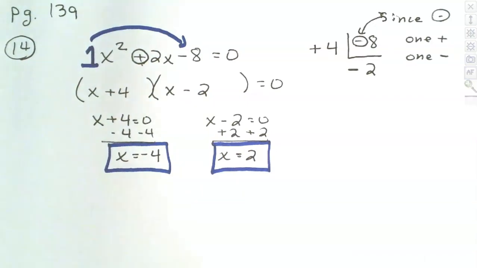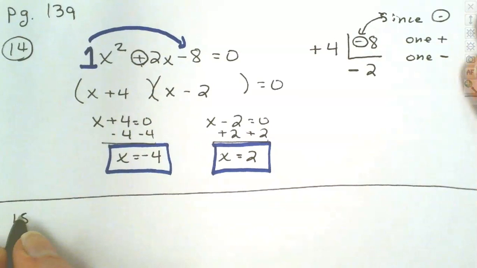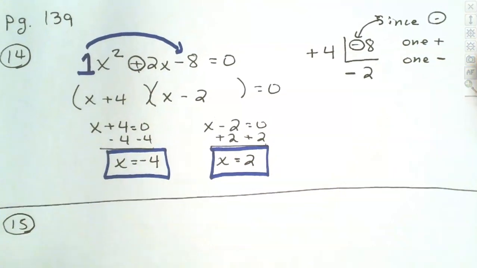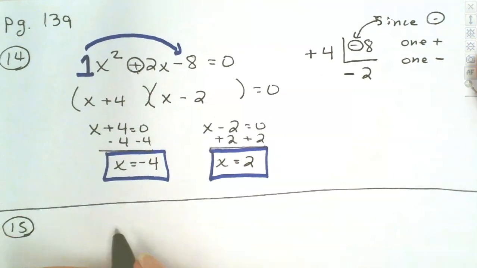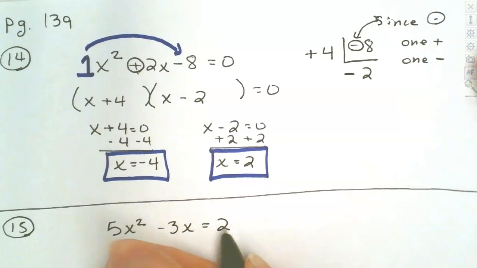The next ones that we're going to look at require an extra step. Question 15. This one is a little bit different. So on question 15, we have 5x squared minus 3x equals 2.